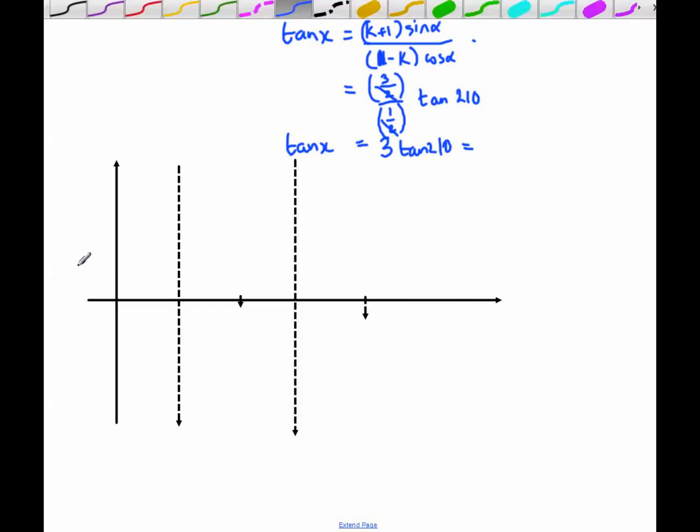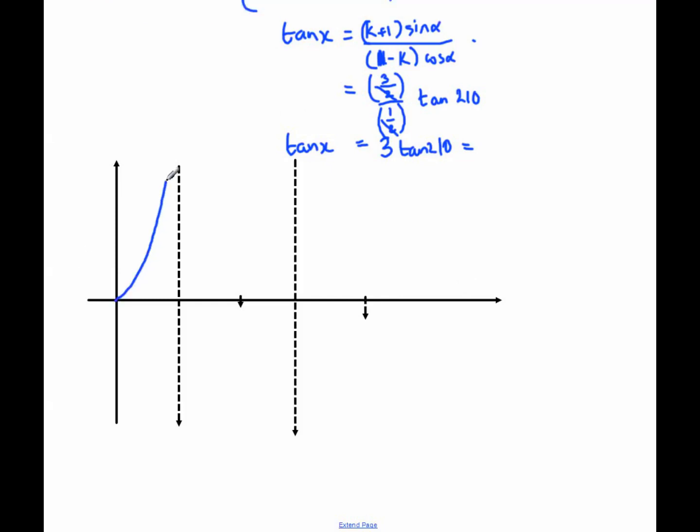And tan then looks like this. Remember, it's got a gradient of 1 at the origin, where this is 360, this is 180, and 210 is 30 degrees on from 180, which means tan 210 is the same as tan of 30. Tan of 30 is here.